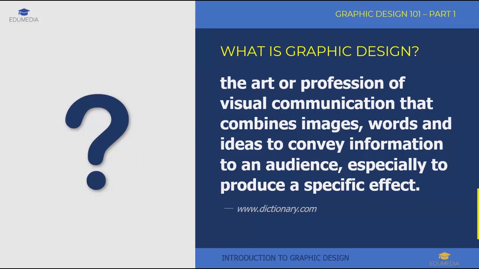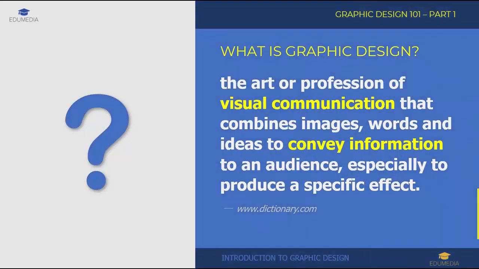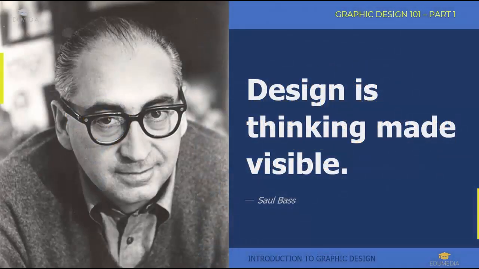The key words in the definition are visual communication and convey information. A prominent American graphic designer, best known for his design of motion picture title sequences, film posters, and corporate logos, states that design is thinking made visible.